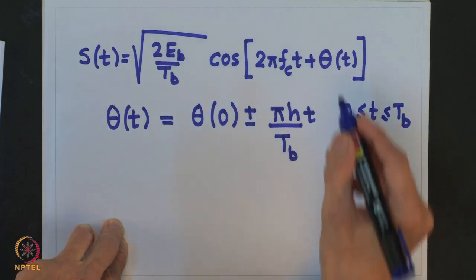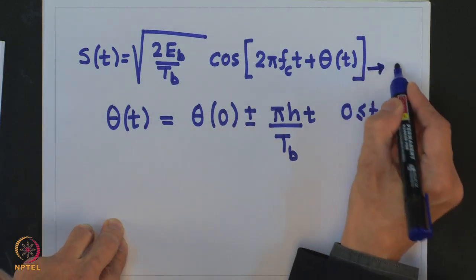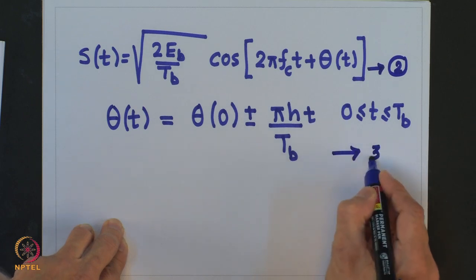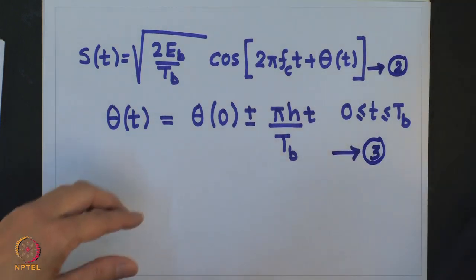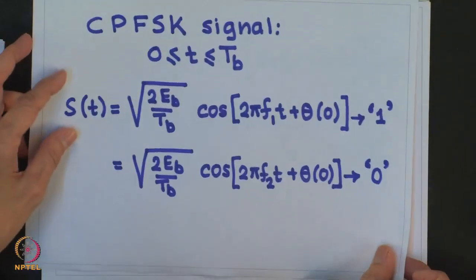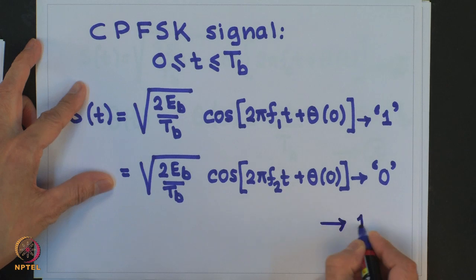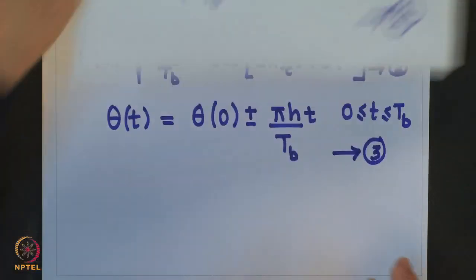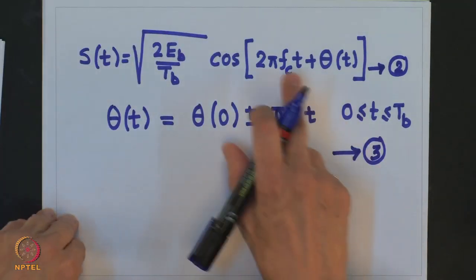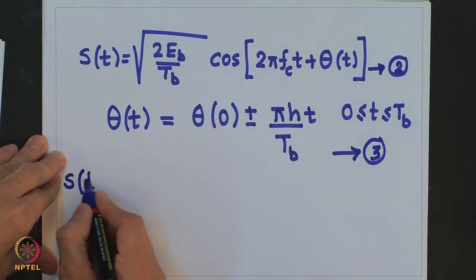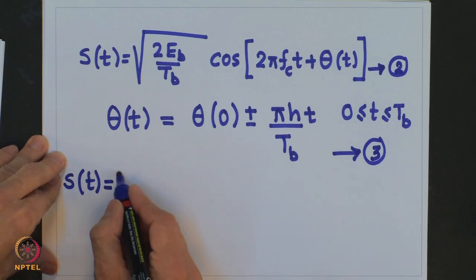So, let us call this equation 2 and this as equation 3, and we will denote this as equation 1. Let us substitute equation 3 in equation 2 and see what we get.